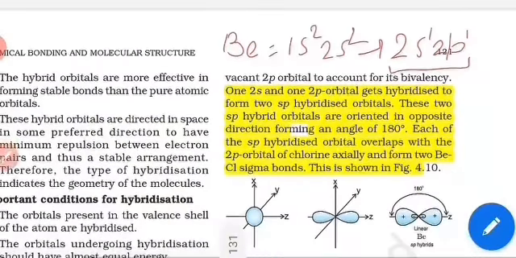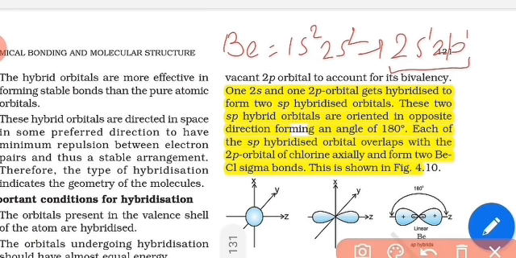In this molecule, beryllium is the central atom. The ground state configuration of beryllium is 1s2, 2s2 and 2p0. In excited state, one of the 2s electrons will go to 2p subshell, and in this way its excited state configuration becomes 1s2, 2s1 and 2p1.